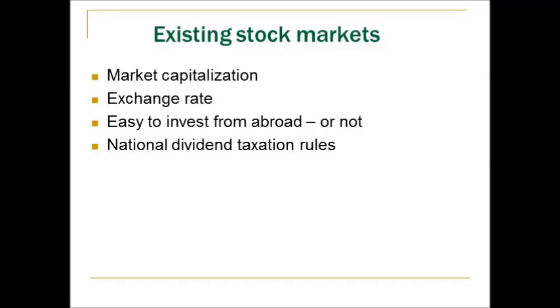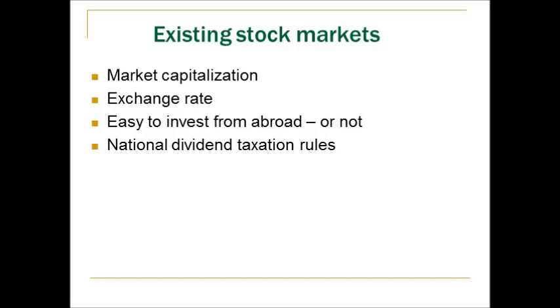So the existing stock markets can be ranked by market capitalization. Also, you have to take into consideration the exchange rate, and sometimes this rate changes during 1 year. And also, is it easy to invest from abroad into these stock markets? Sometimes it is, sometimes it's not, because of local rules.